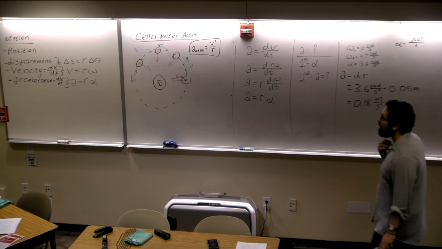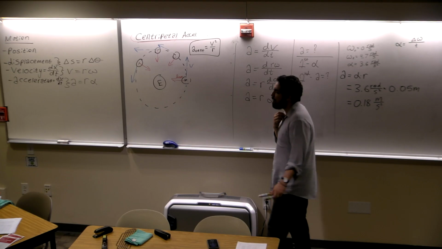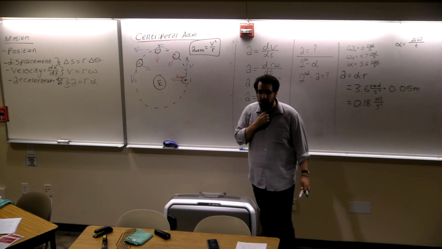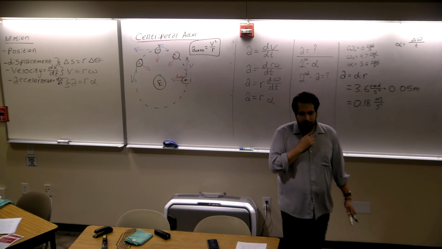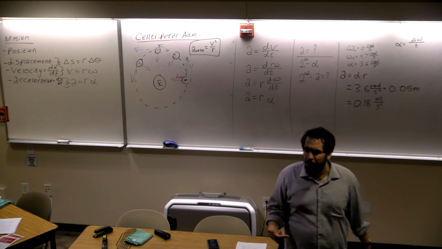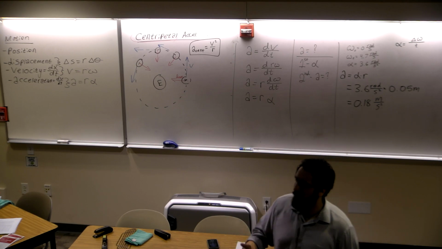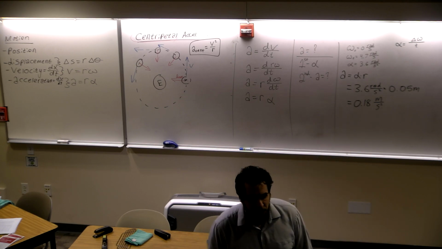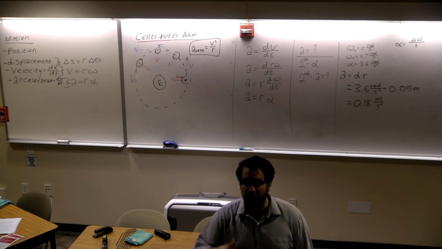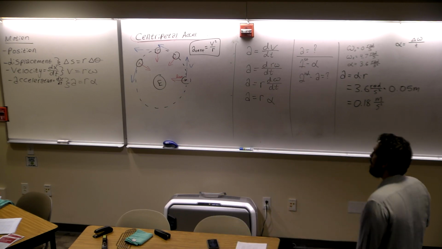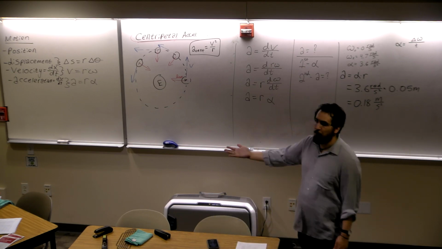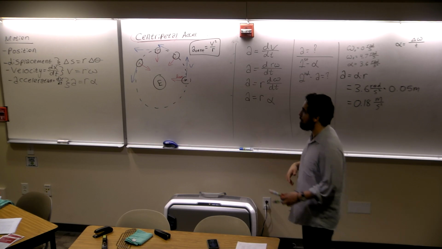If our object were speeding up, we ask the question, which way is the acceleration going to be? Well, if something is speeding up, we've seen this in lab. If something is speeding up, that means its acceleration and its velocity are in the same direction, right? We've seen that in lab over and over. If something is speeding up, the acceleration and the velocity are both positive, or both negative. If it's speeding up, they share direction.